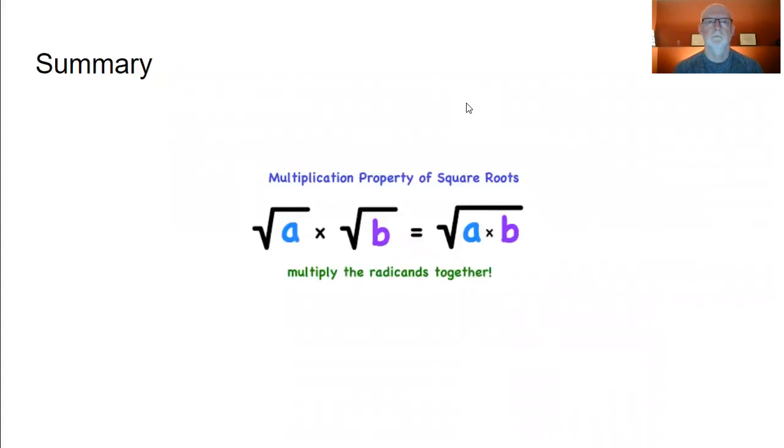So to summarize here, the multiplication property of square roots: the square root of a times the square root of b is equal to the square root of a times b. We multiply the radicands together.